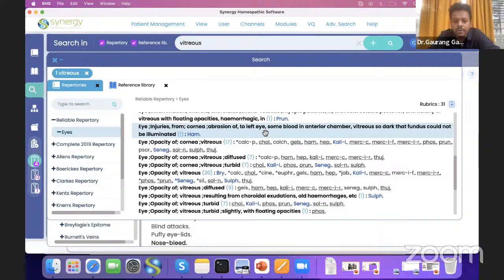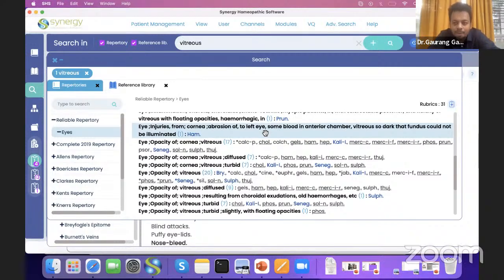Hemorrhage is a very important remedy where there is a lot of hemorrhage, not just in the eye, not just in the vitreous, but also a lot of blood in the anterior chamber due to injuries to the cornea. And the vitreous becomes so dark that the fundus cannot be illuminated. And Hemorrhage belongs to the Hemorrhage family.